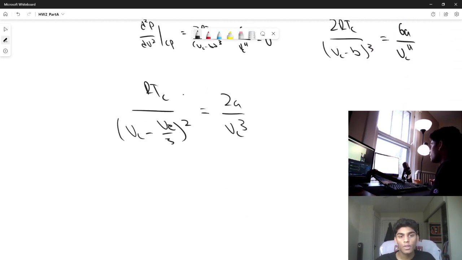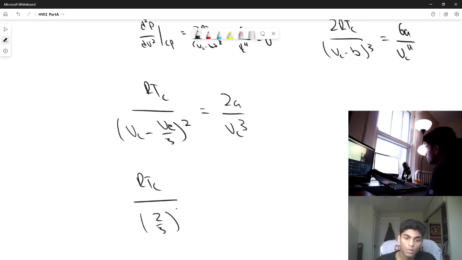Okay. And so let's try simplifying this a little bit. So RTc is going to equal, 1 minus 1/3 is going to be 2/3, squared, equals 2a over Vc cubed.